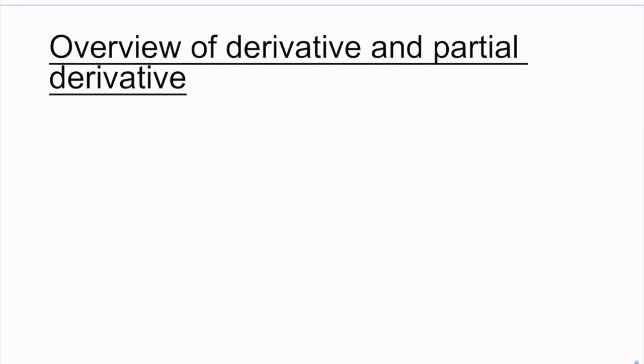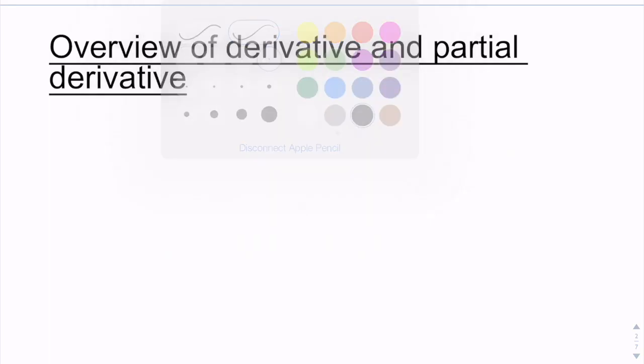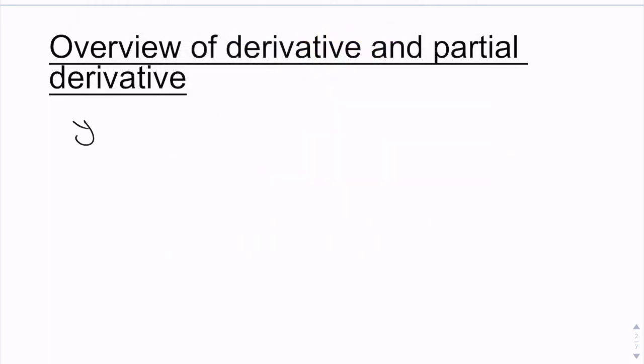So consider a function f, where this function, for an input variable x, gives us the output y. When you take the derivative of this function with respect to variable x, what is the meaning of this derivative?